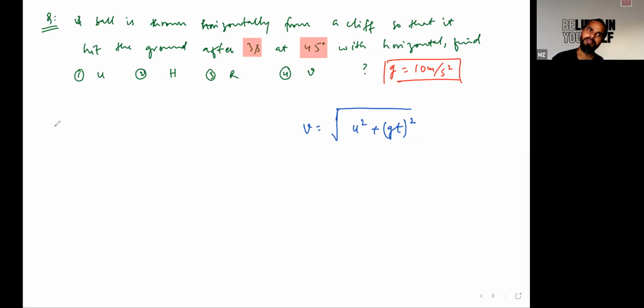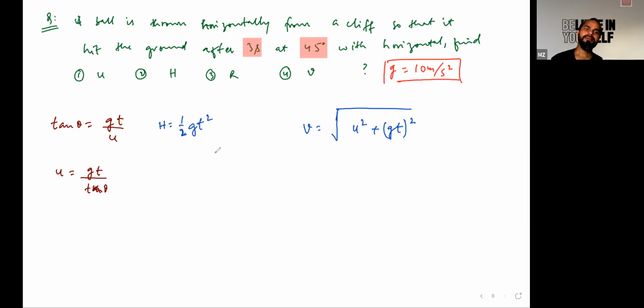To find this particular u, tan theta would be equal to g times t divided by u. Bring this u to the other side. So u is equal to g times t divided by tan theta. For h, it is equal to half times g t square. g is 10 and t is 3.